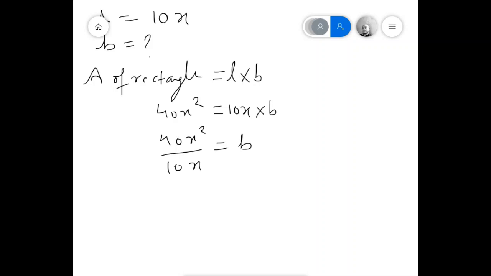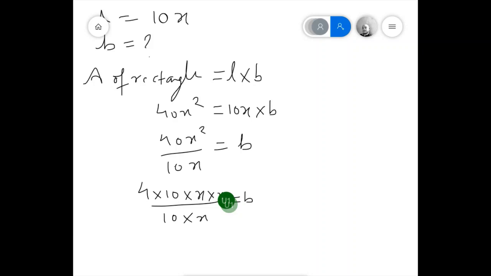Before doing that, let's solve it in a very simplified way. 40 can be written as 10 into 4, and x square can be written as x into x, and 10x means 10 into x.